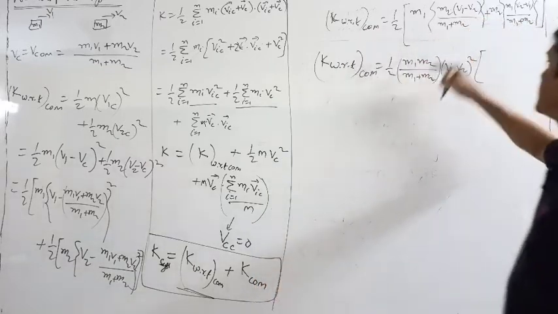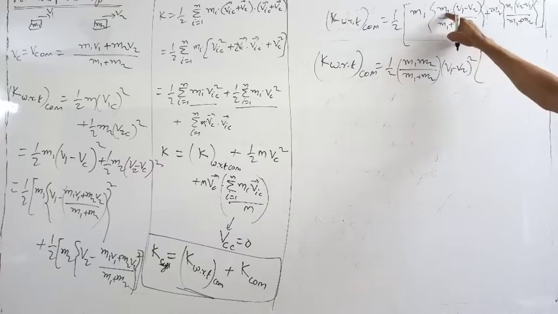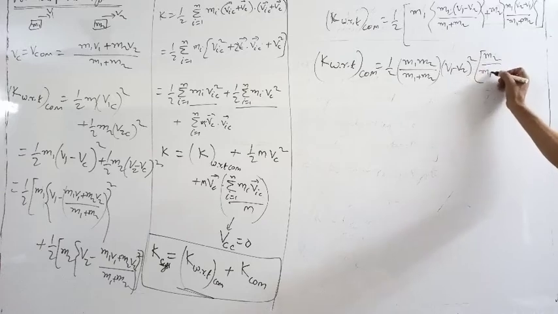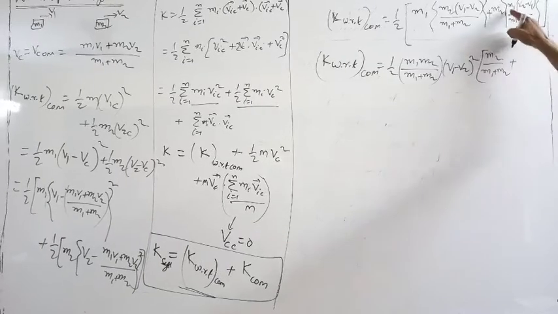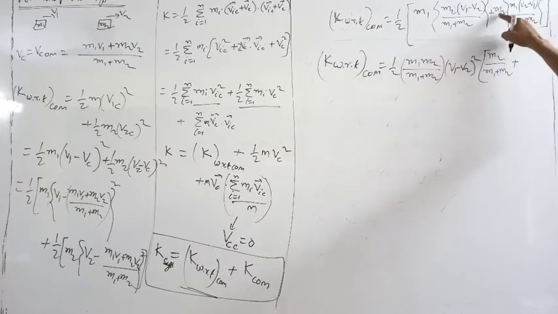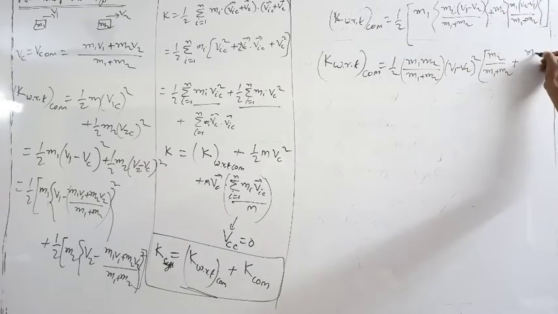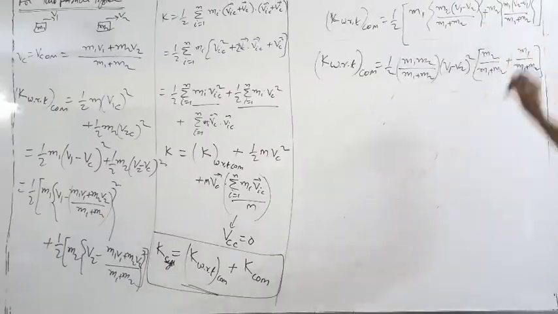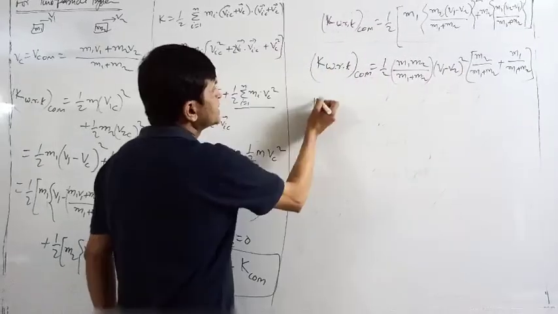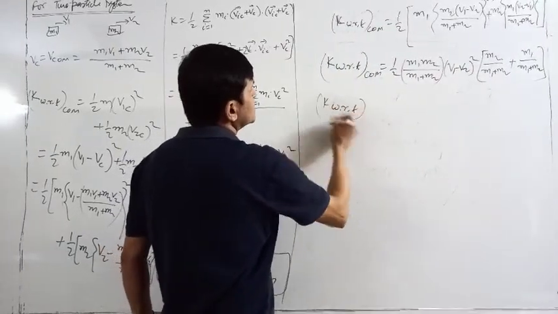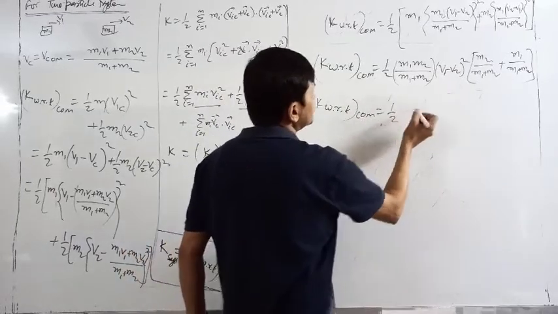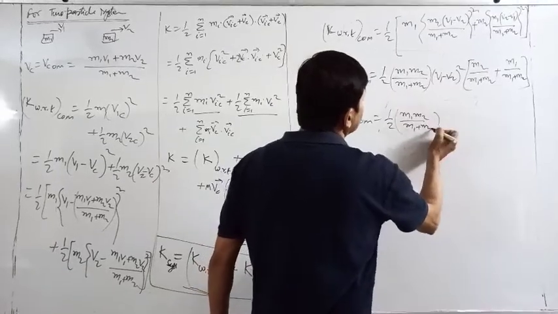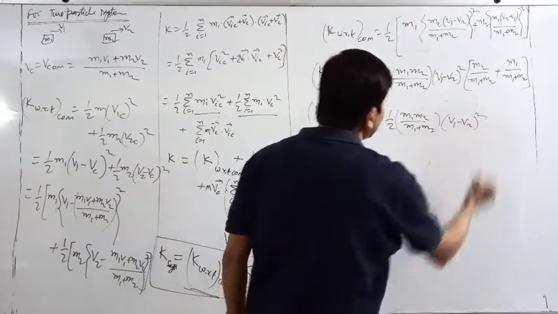What is left? m2 by (m1 plus m2) and m1 by (m1 plus m2), which simplifies to 1. So the kinetic energy with respect to the center of mass is half m1 m2 by (m1 plus m2) times (v1 minus v2) squared.